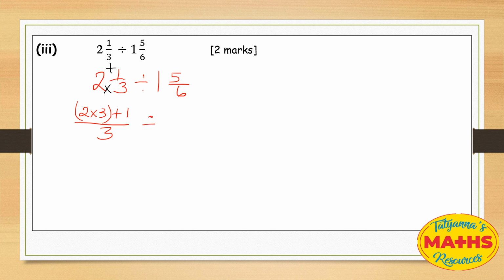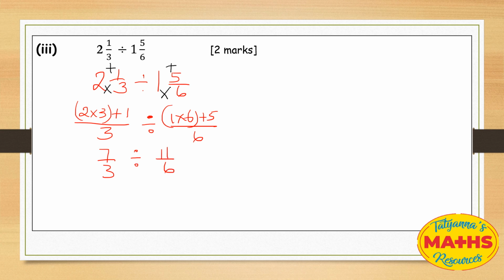Division sign. Whole number times denominator plus numerator. So that is 1 times 6 plus 5 over 6. So that's going to give us 7 over 3 divided by 11 over 6.